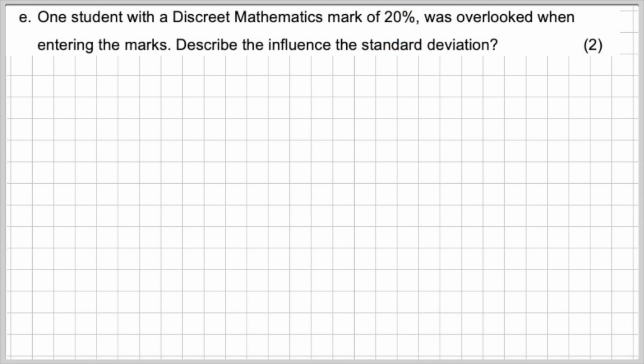Now let's look at the next question. One student with a discrete maths mark of 20% was overlooked when entering the marks. Describe the influence on the standard deviation.